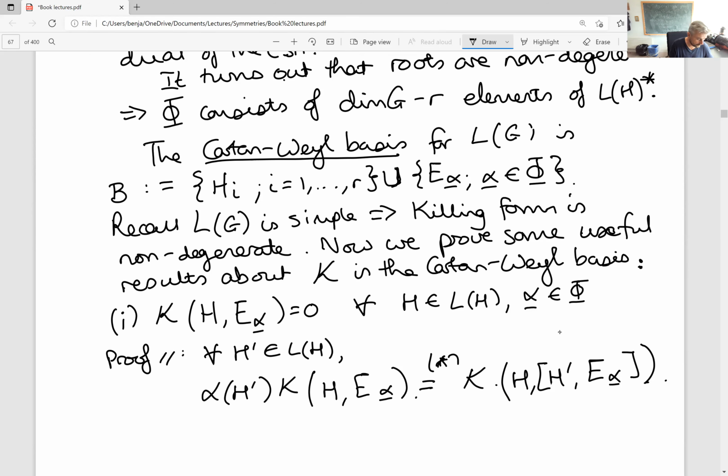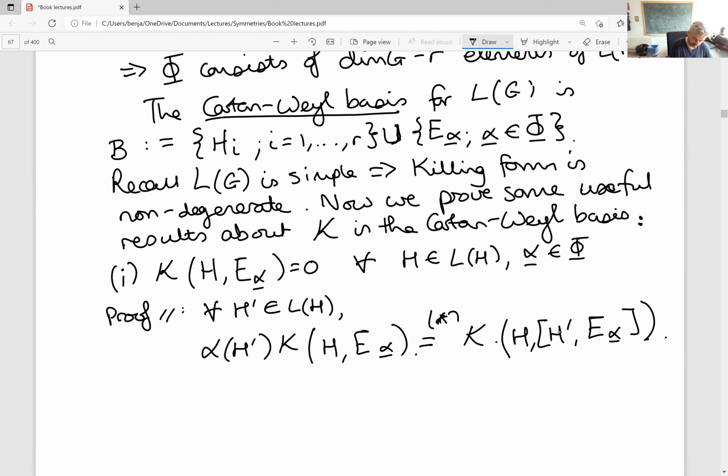So now we use the invariance property. Sorry, I think the invariance property uses this one.